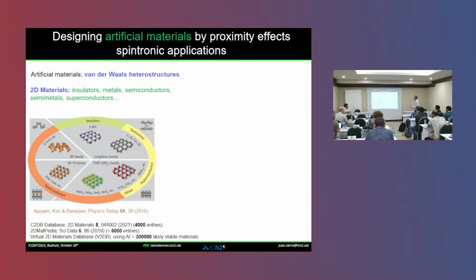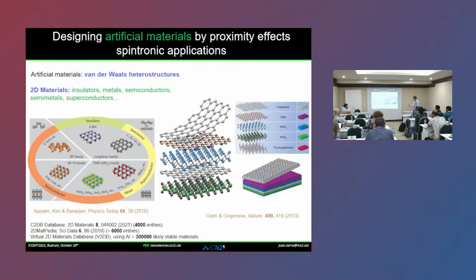There are some collected databases with more than 40,000 entries, and indeed there are algorithms to see how many two-dimensional materials can be stable, and you get this gigantic number.